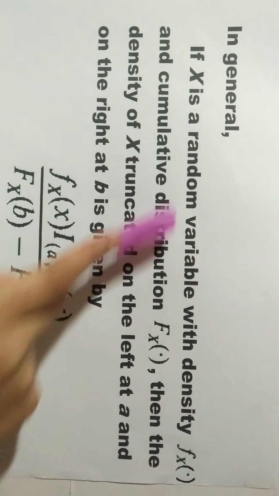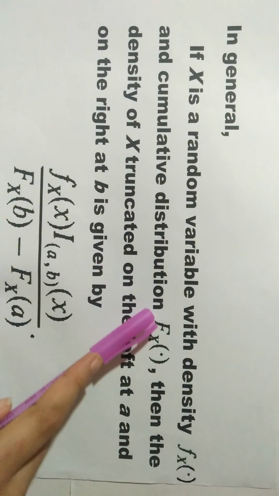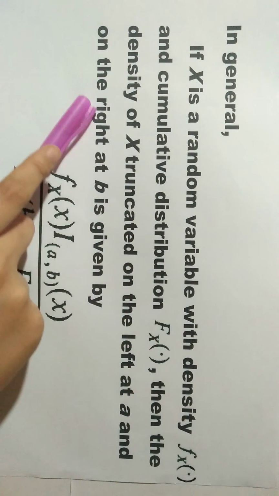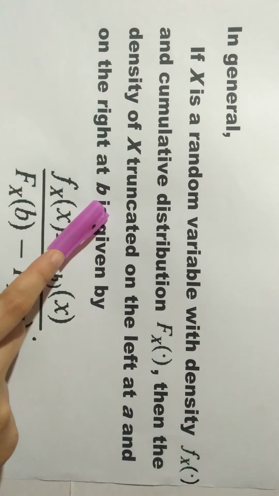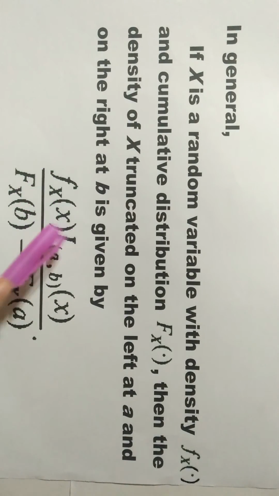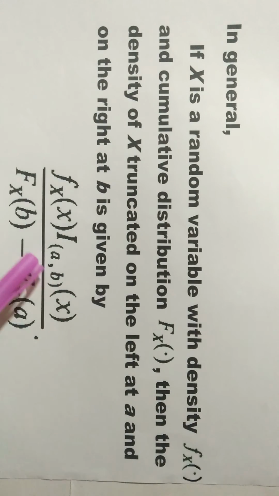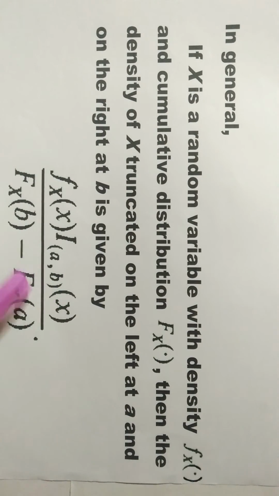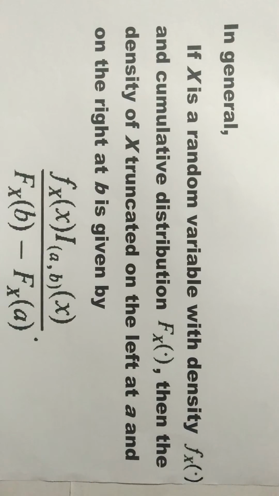If x is a random variable with density f of x and cumulative distribution big F of x, then the density of x truncated on the left at a and on the right at b is given by this equation: f of x times indicator from a up to b of x, all over big F of b minus big F of a. And that's all for this topic.